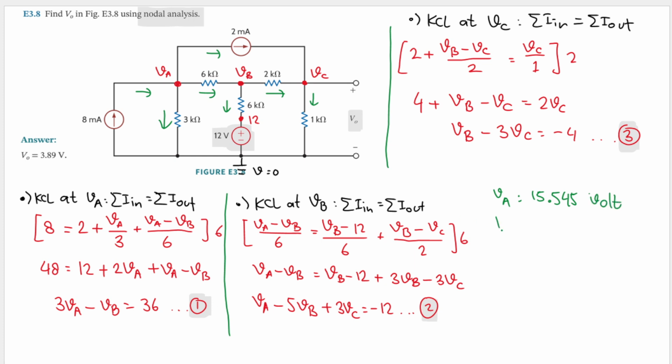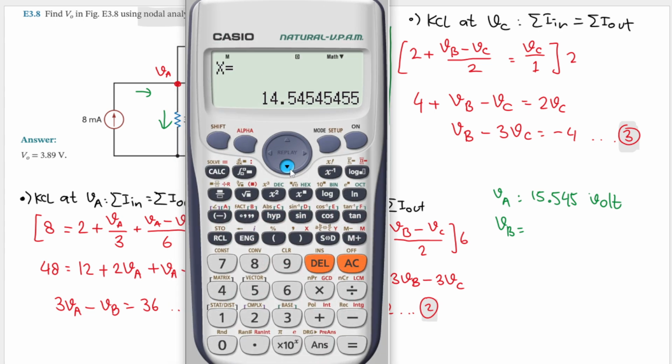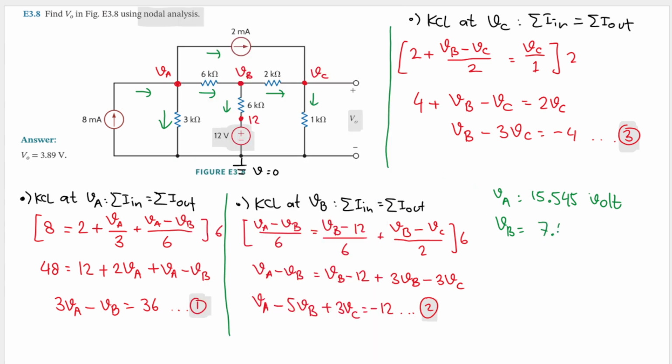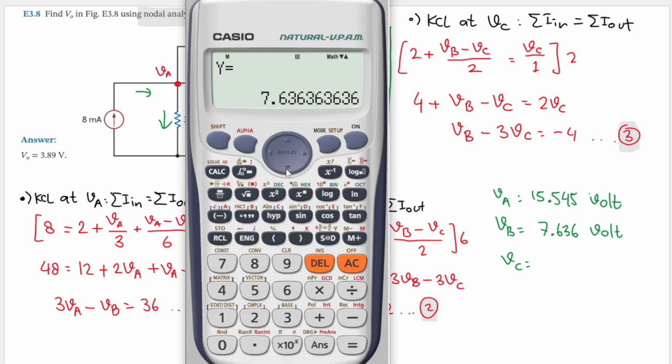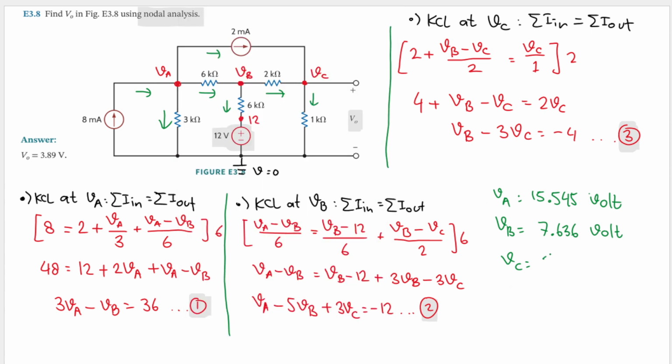And then what is VB? VB is the Y value here, and that is 7.636 volt. Then what is VC? VC will be 3.878 volt.